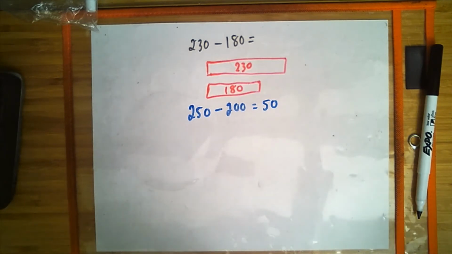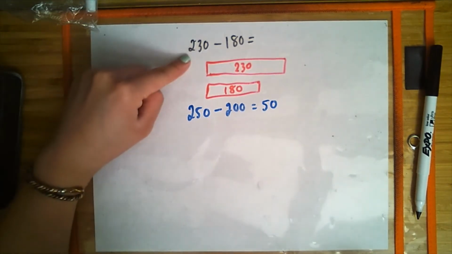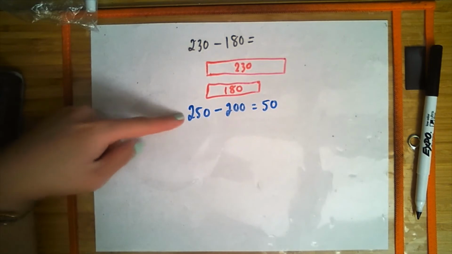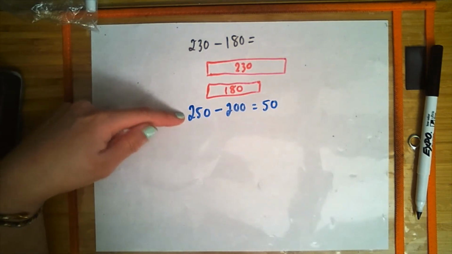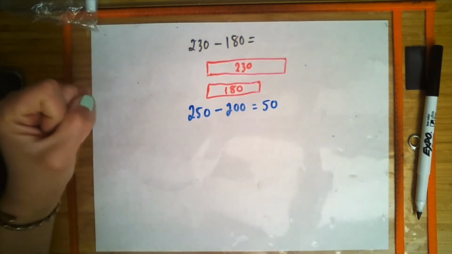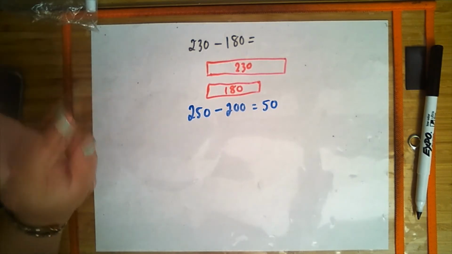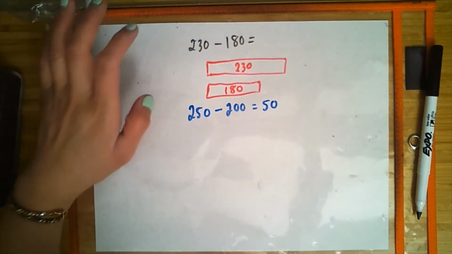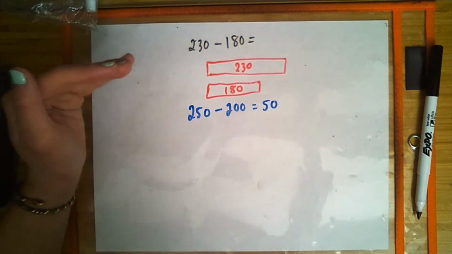My friends, can you tell me how 230 minus 180 and my other problem, 250 minus 200, are related? How might they be related? Pause the video here and then talk to a friend or family member. And then we will talk about it together as a team.